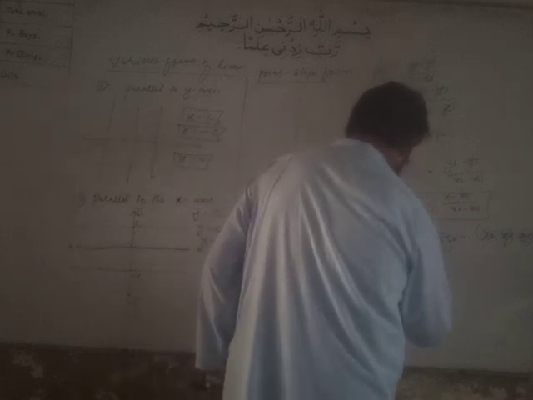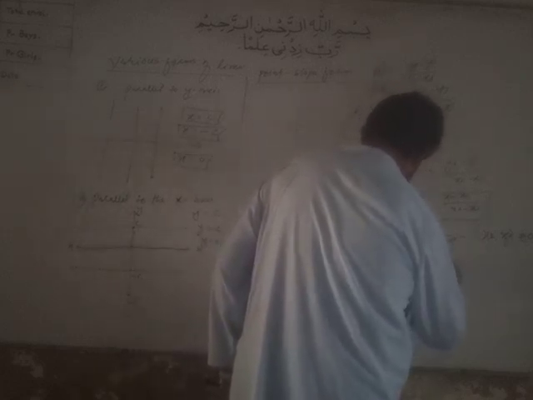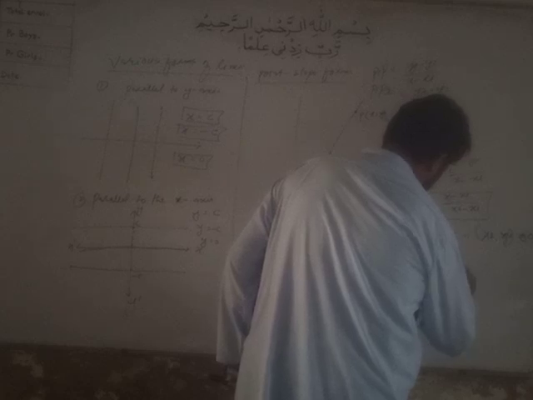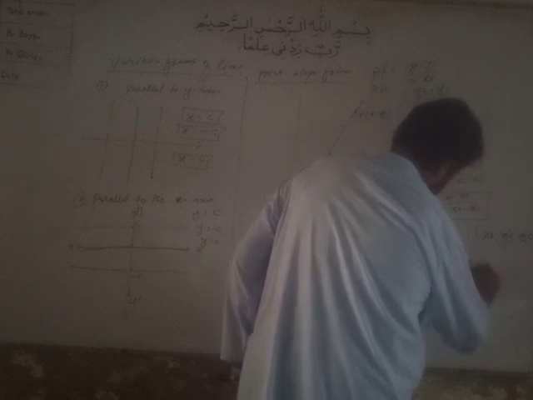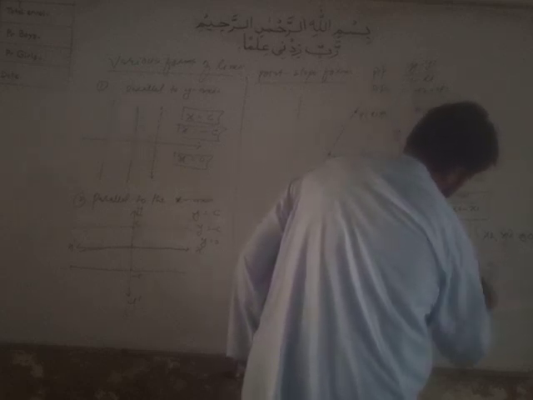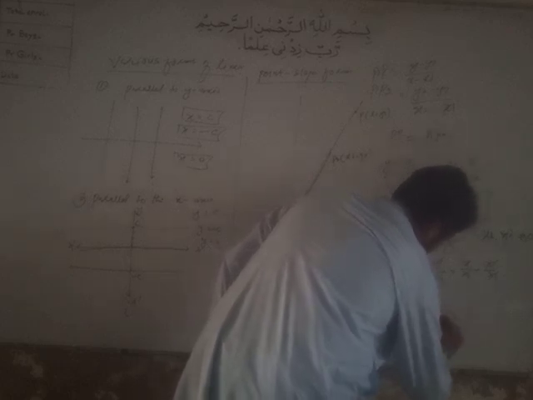We can cancel: y upon y1 minus y1 upon y1 is equal to x upon x1 minus x1 upon x1. So y1 will be cancelled and x1 will be cancelled. So y upon y1 is equal to x upon x1, because here this will be minus 1, here minus 1. Minus 1 will be cancelled.